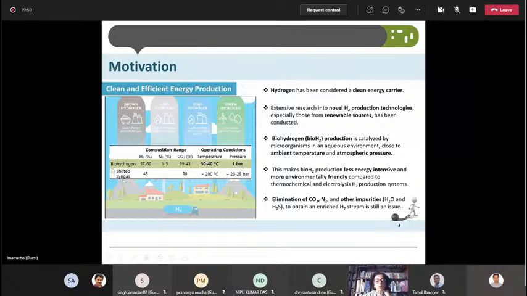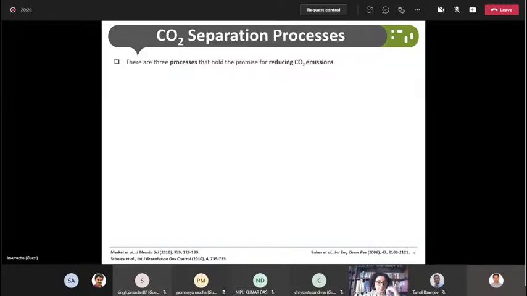When we talk about producing hydrogen from syngas, the compositions of the stream that we want to purify are a little bit different, but as you can see here, this is usually produced at 200 degrees C and around 20 to 25 bars. So here we are going to focus more on biohydrogen operating conditions, and it would be the same to apply it to shifted syngas.